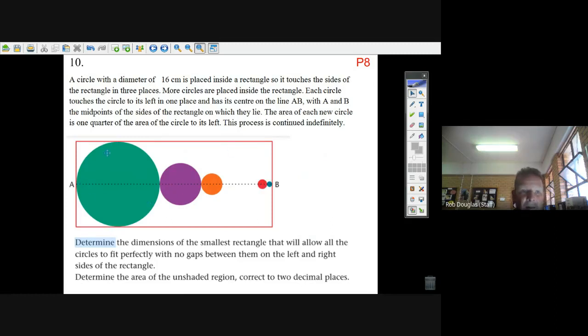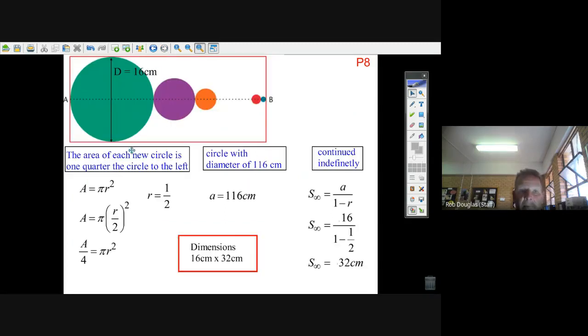Well, we know that they say this is 16 centimeters. So that means the diameter across here is 16 centimeters. Right off the bat, we've got the width of this rectangle. This, from that top corner there to there, must be 16 centimeters. Our problem is to figure out what all these diameters are. Well, this is how I did it.